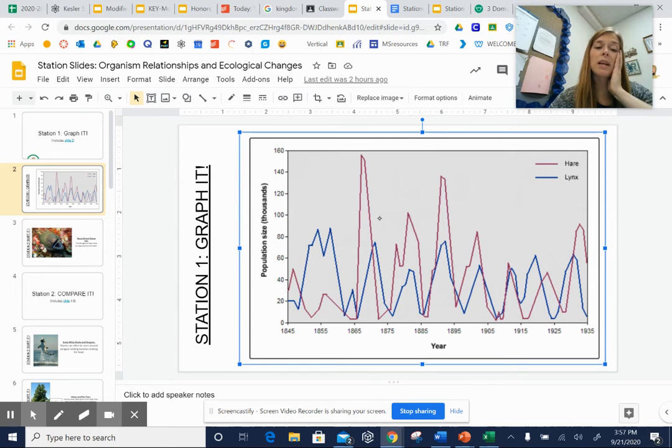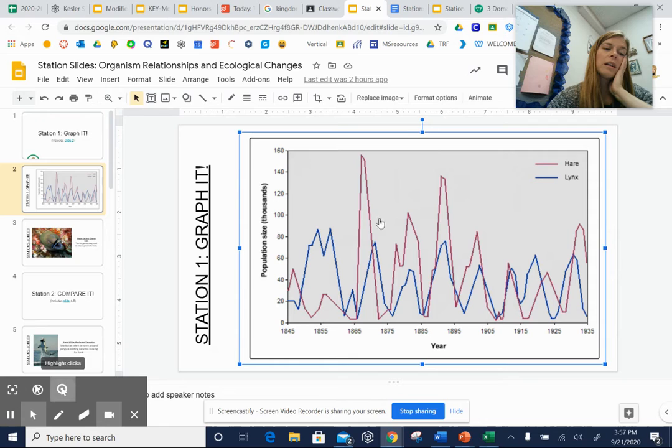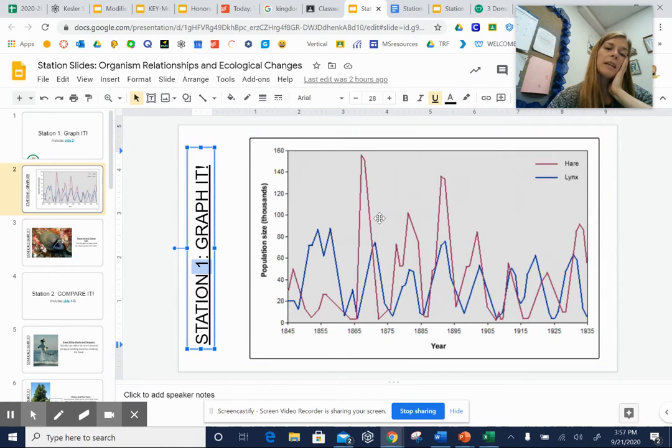Well, you were close, except you didn't read over here on the side where it says population size in the thousands. So that would be 160,000 or maybe about 158,000. So it wasn't about the exact number, because this isn't very precise in the graph, but you could estimate or get pretty close to it, and it should be in the thousands.